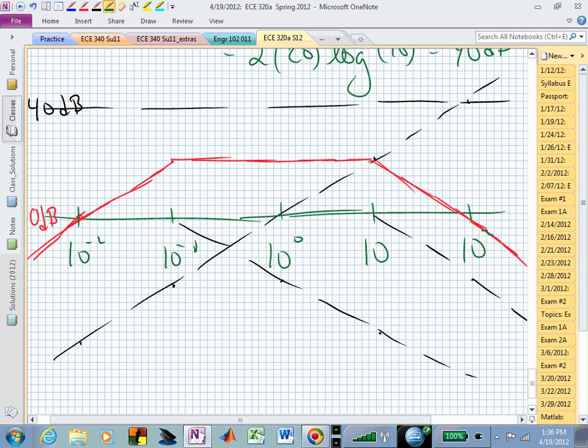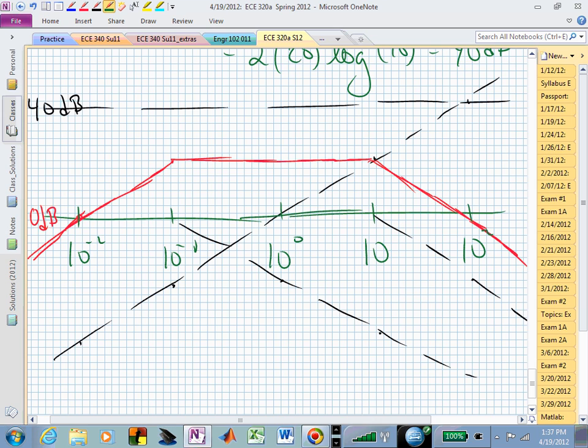Why is that? Let's say that instead of 1 0 at the origin, we had 2 zeros at the origin. Now we have an s squared, don't we? So instead of going up at 20 dB, we would be going up at 40 dB per decade.